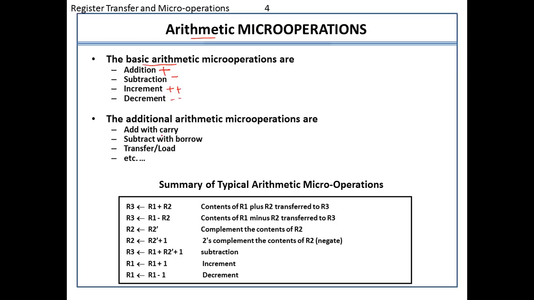Similarly, we can also perform other arithmetic microoperations, like addition with carry or subtraction with borrow, transferring the data simply, or loading the data. It could also be the same value, meaning a no change condition, where the same data is generated, or the condition can be where you just want the complement of a data. All these categories can be part of the arithmetic microoperations.